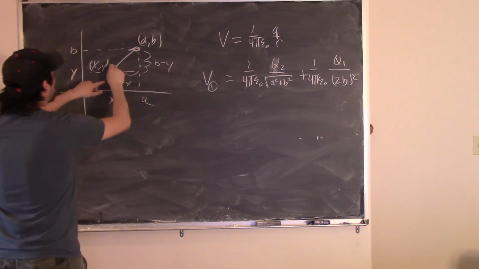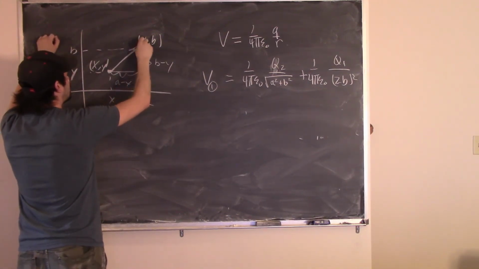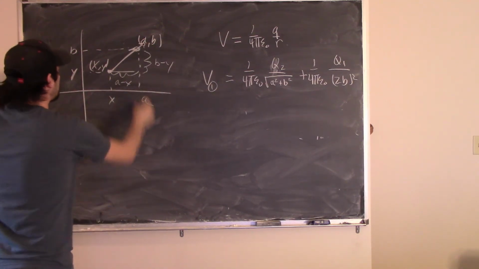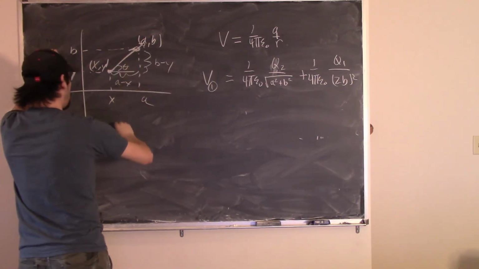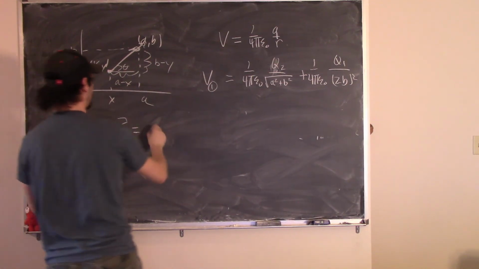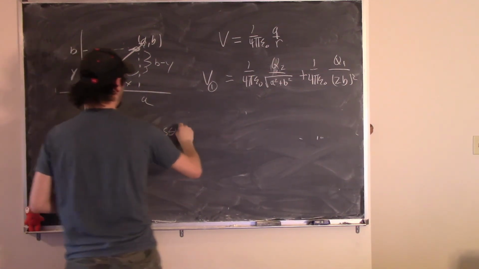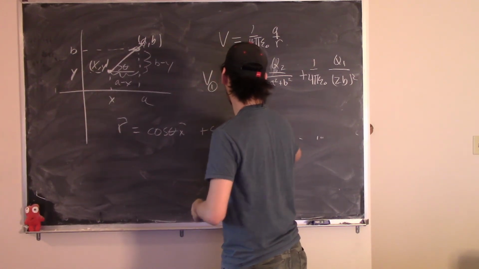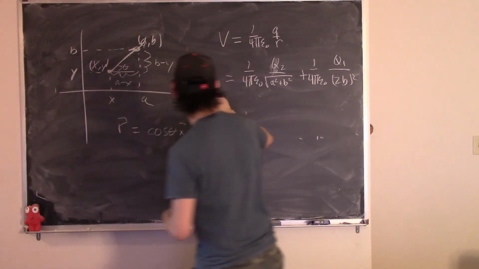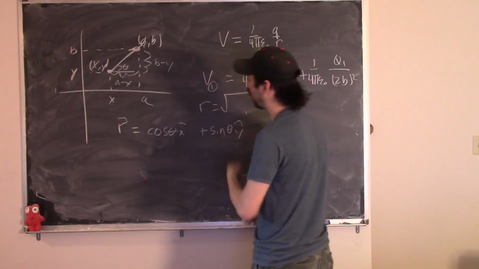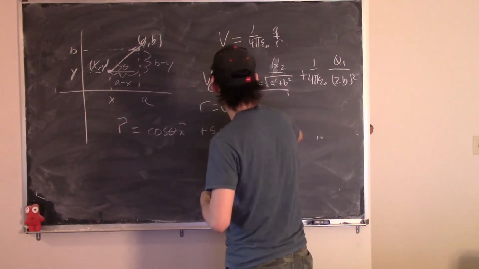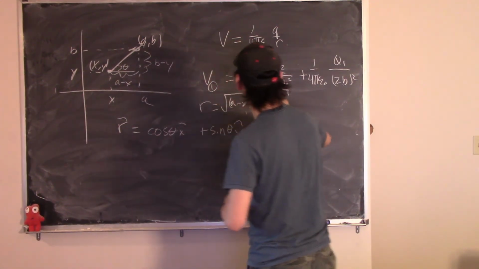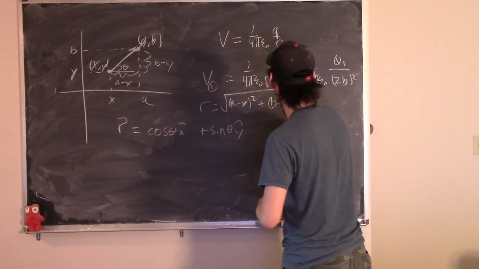And so if I wanted to talk about the unit vector that pointed from here to here, what I would do is I would say there's some angle here, theta, r hat is going to be equal to cosine of theta x hat plus sine of theta y hat. R is equal to the square root of a minus x squared plus b minus y squared.